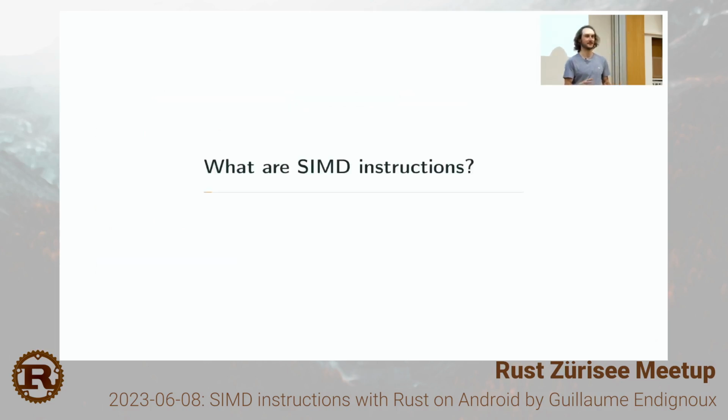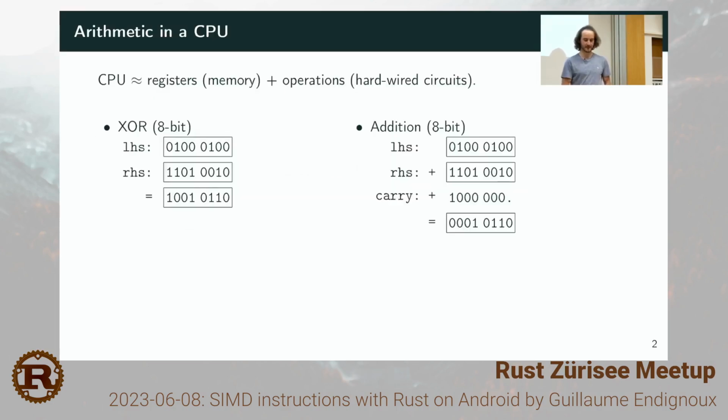What are SIMD instructions? And I'd like to start by going back to the lowest level of abstraction we have at the hardware, which is the CPU, which is basically a combination of 2 things: registers, which represent memory, and operations, which are hardwired circuits in the hardware.